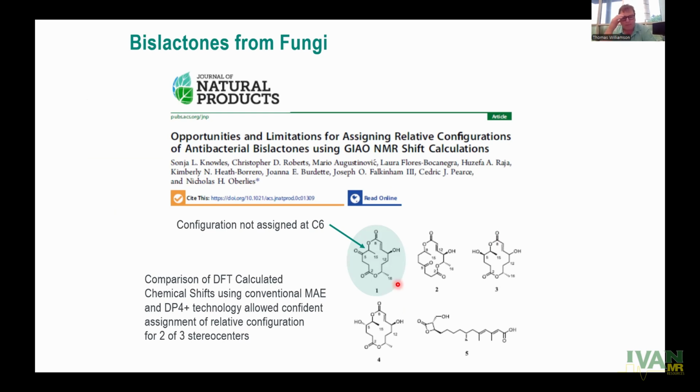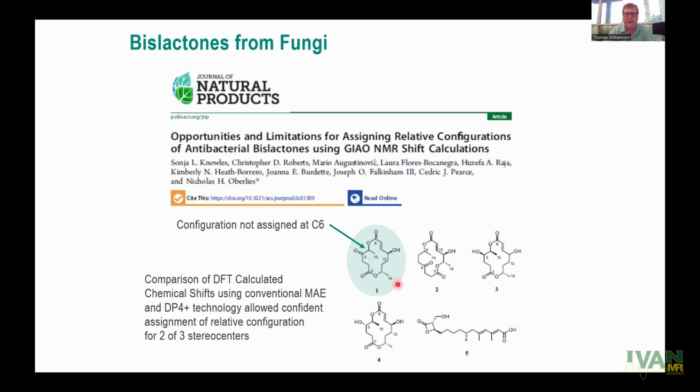But in our case, we ran across a paper from one of our good friends and collaborators, Nick Oberlies at UNC Greensboro. They had dived into a study on the limitations of DFT calculations for the determination of relative configuration.